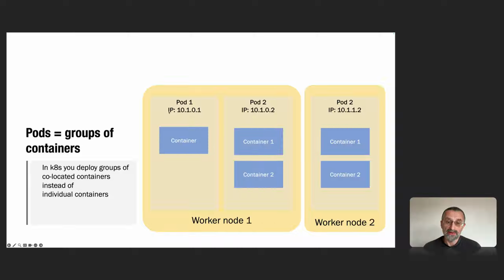One pod with some internal IP address will run a single container. Another pod will run two different containers. Because in Kubernetes you deploy groups of co-located containers instead of individual containers. Okay, so this is the pod, co-located containers.